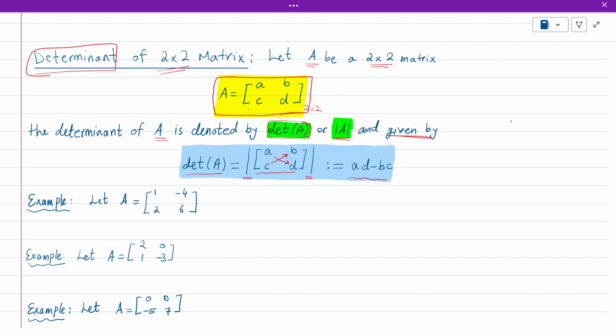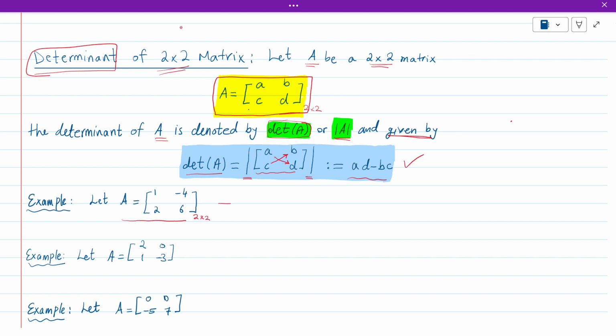Okay, so now if we check the first example, it says A is a 2 by 2 matrix. First row has 1, -4, second row has 2, 6. It is 2 by 2, so we can use this formula.